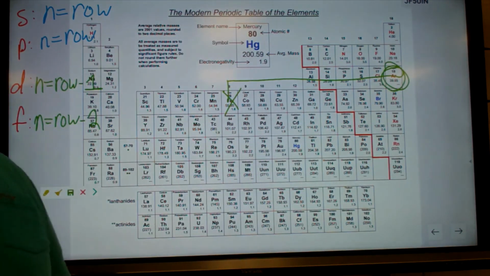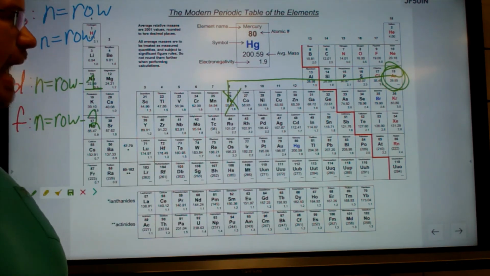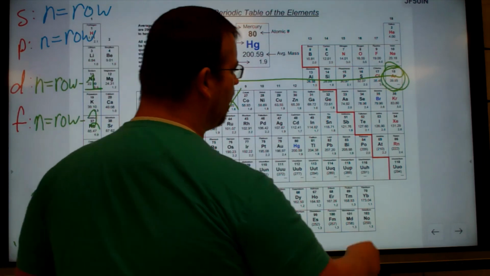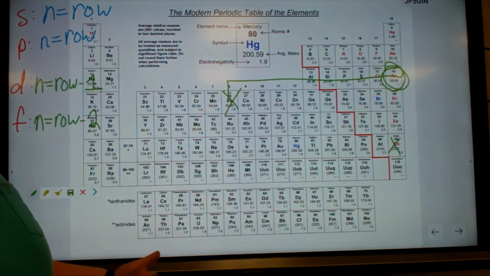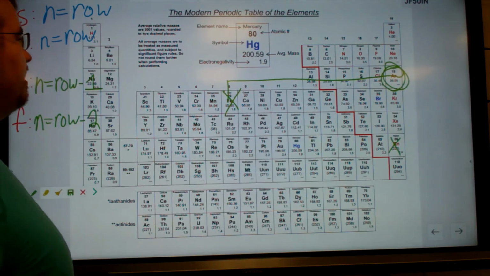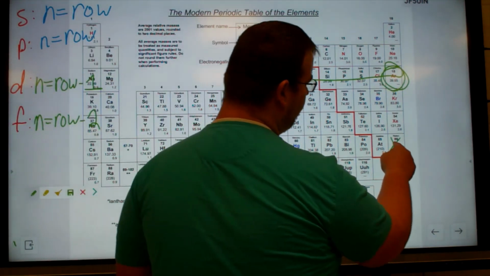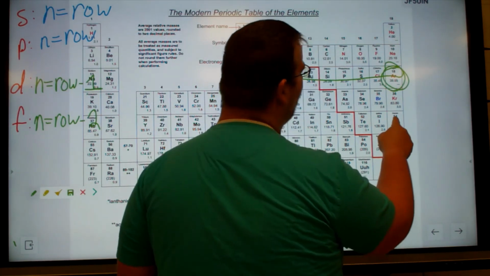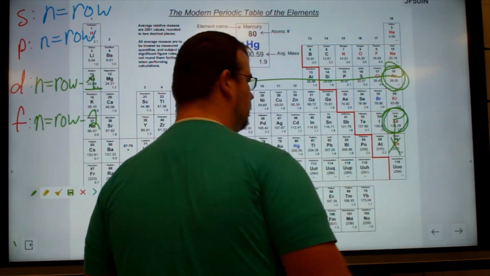Okay? Now a trick with this that Mr. Hall likes to use, I actually like to give you a noble gas. So if I gave you radon and asked for the noble gas configuration, you can't put radon in brackets. Okay? That doesn't work. You still have to follow the rule. Put your finger on it, move up a row, go all the way to the end. I'm at the end, so xenon. Okay?